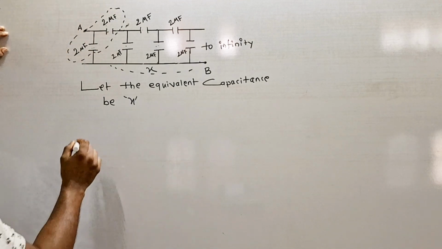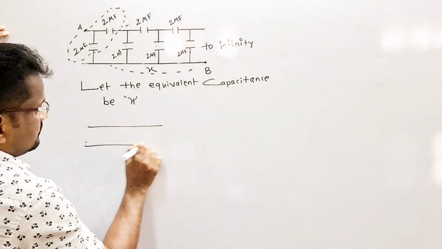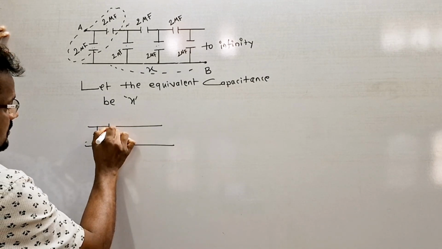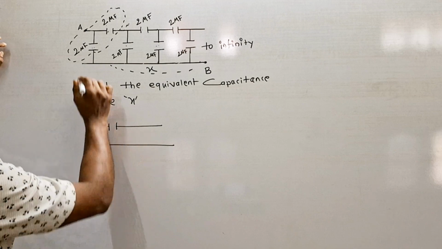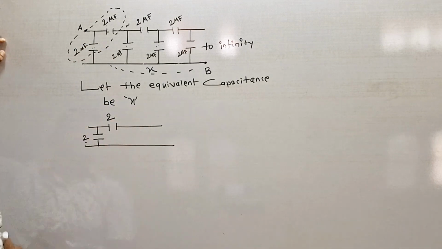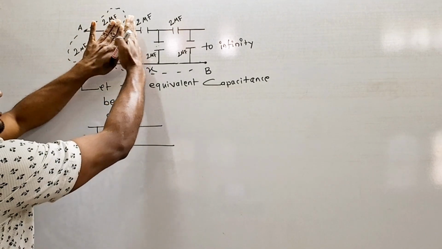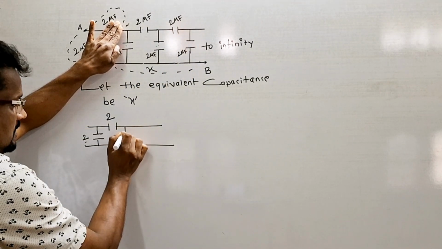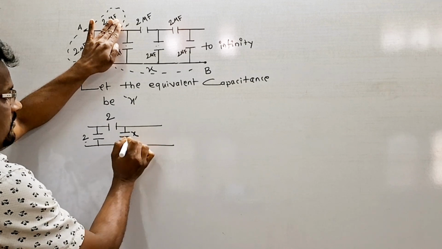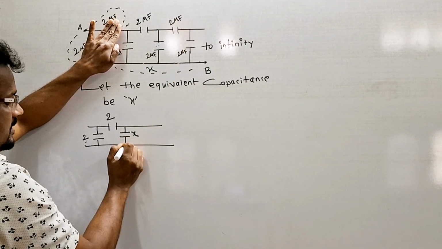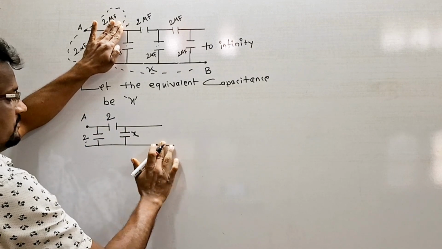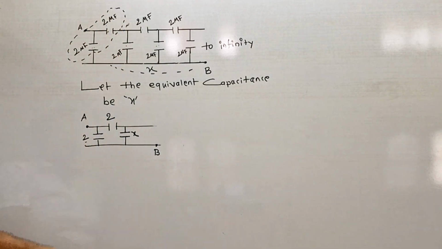Then what happens, you see? This unit is kept isolated: this 2 microfarad and this 2 microfarad. And from here, the rest of the part we can take as X. So this equivalent capacitance, again it is X. Here it is A and here it is B. Now see, this reduces to this part.